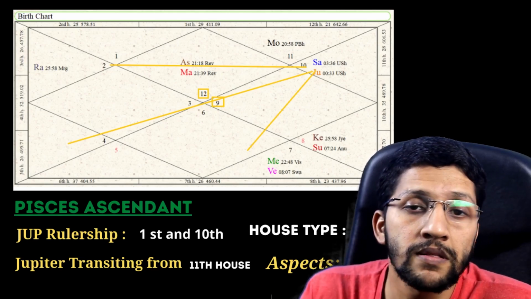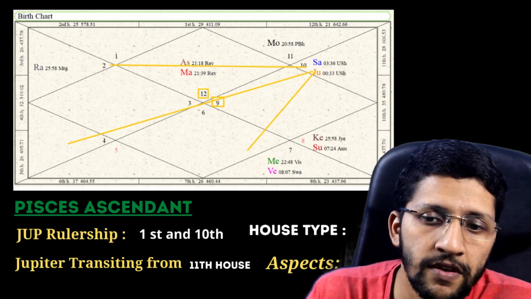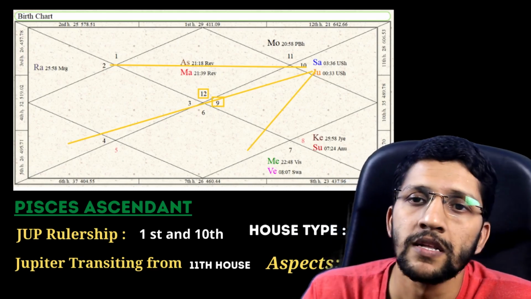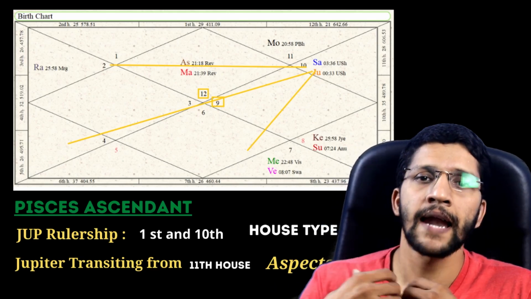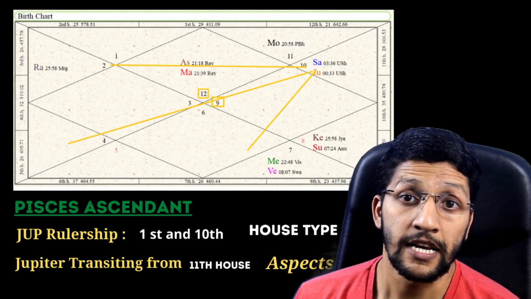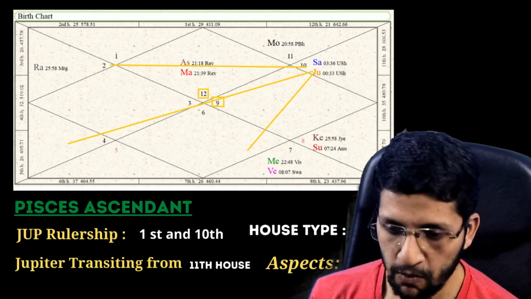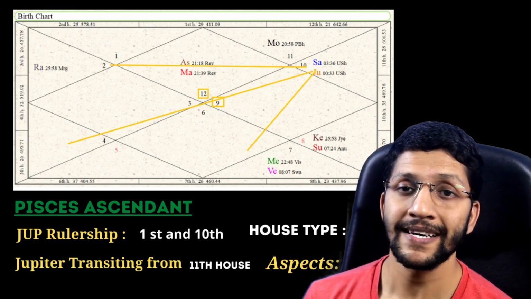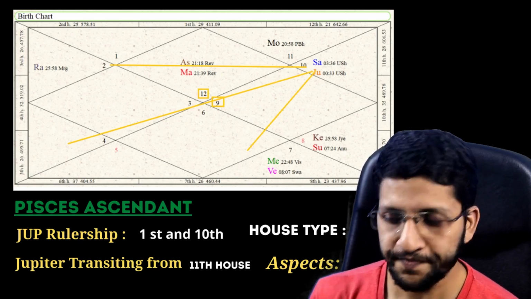Okay, from the 11th house, Jupiter is aspecting the 3rd house, 5th house, and 7th house. 3rd house is about younger siblings, 5th house is about intelligence, creativity, children and education. You might feel like reading more books, spiritual books, maybe religious books.